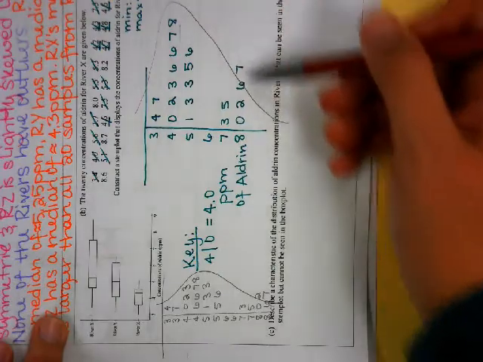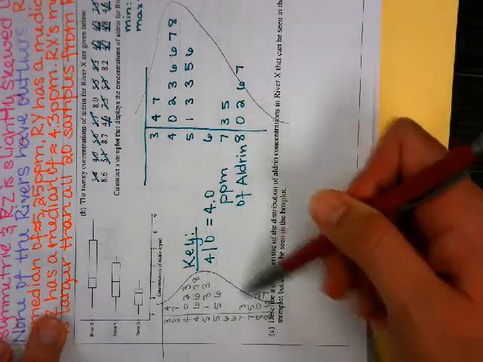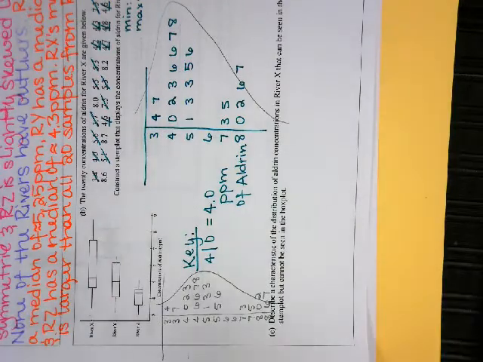Even though we know it's skewed to the right, if I tried to draw the shape, I cut through all those numbers, and I cut through them down here. So in this one, I don't see a huge benefit to splitting the stems. If there were 10 to 15, I might.